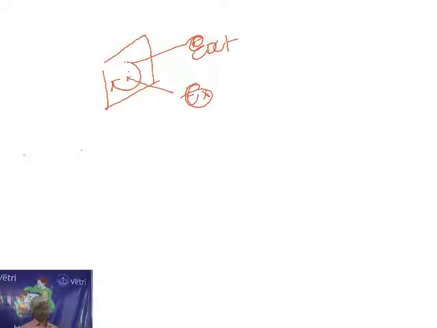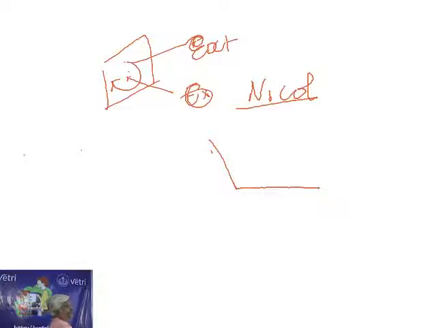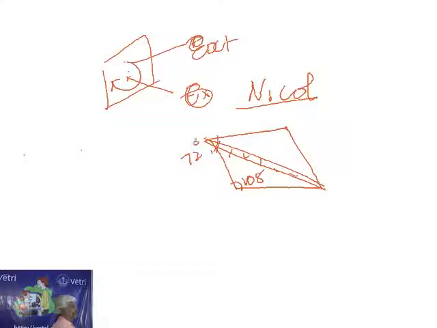The nicol prism also, you have some idea. The nicol prism is nothing but a transparent prism which has angles of 108 degrees and 72 degrees.